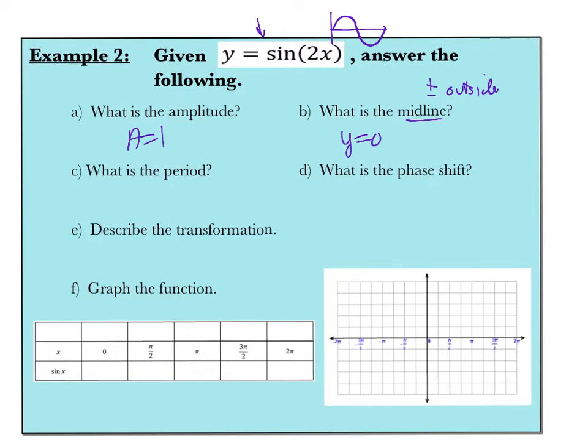What is the period? Is there a k in here? No. So technically, that's like 2 pi over 1, which is just 2 pi. Phase shift, am I adding or subtracting anything in here? No, I'm not, so there's none. So what am I doing? I'm sorry, back that up. I biffed something.